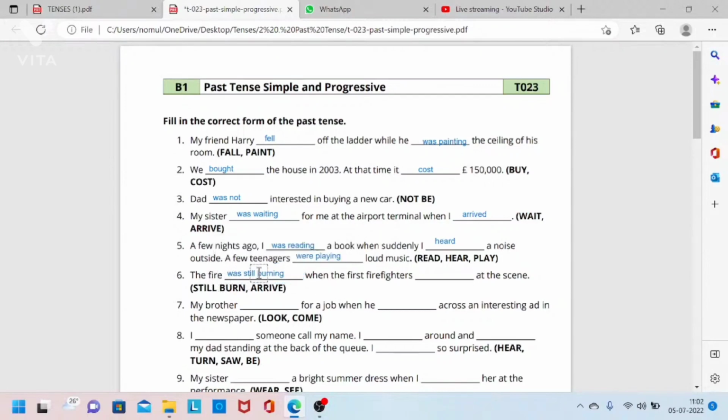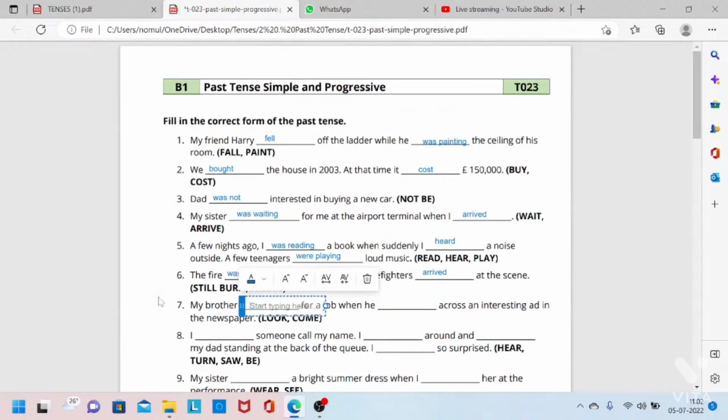The fire was still burning when the first firefighters arrived at the scene. So this is the sentence. One more: the fire was still burning when the first firefighters arrived at the scene. So this is a sentence.